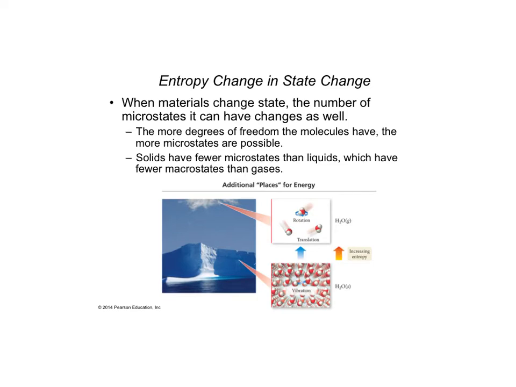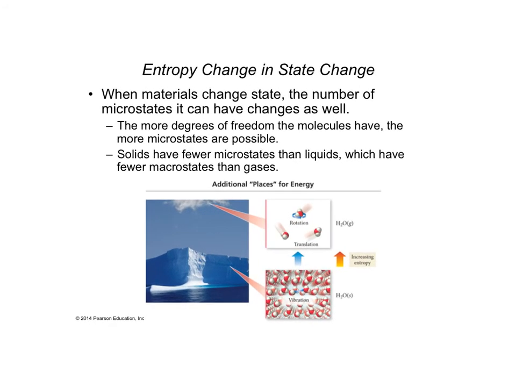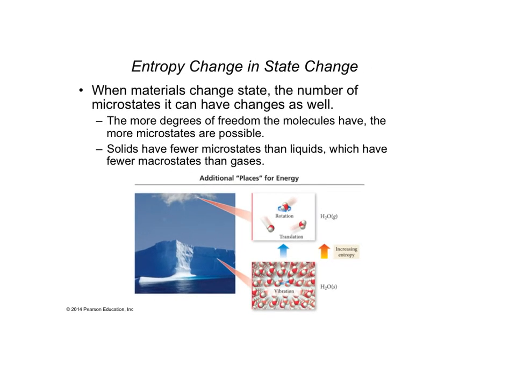So we had talked earlier about spontaneous processes and there being this great dependence on the degrees of freedom which our process was essentially obtaining. When we went from a solid to a liquid to a gas, what had we been doing? We gave the molecules more freedom of motion.